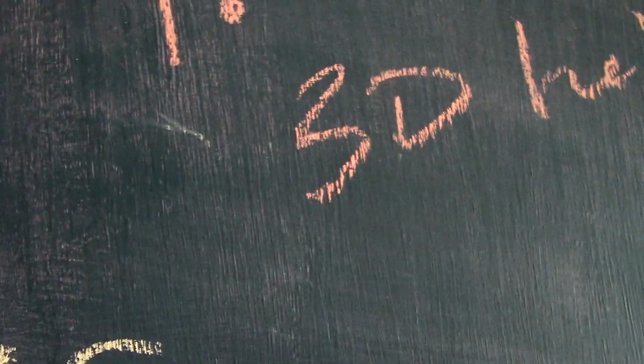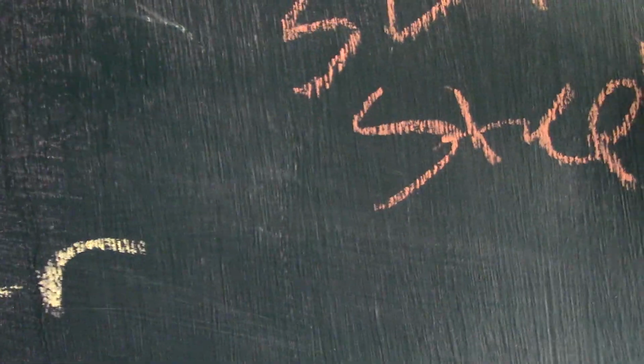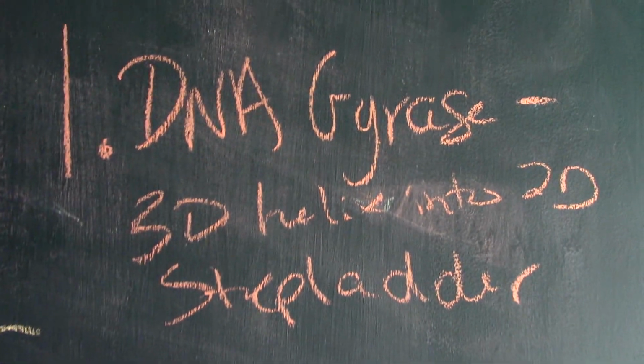But anyway, so let's think about the stages. So I'll give you a little, you have the diagram that you can look at, but here's a flow chart. So the first thing that needs to happen, DNA gyrase turns the 3D helix into a 2D stepladder. Okay.